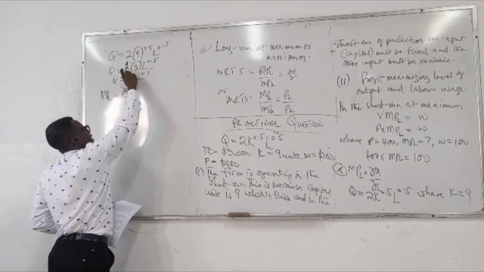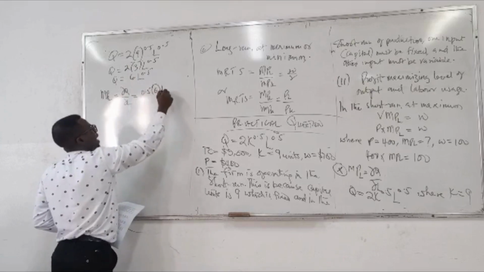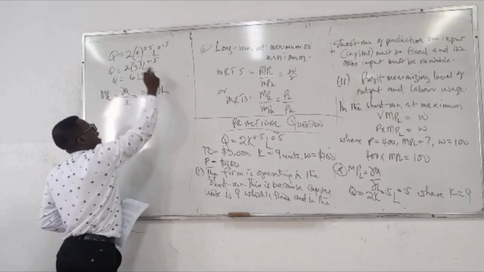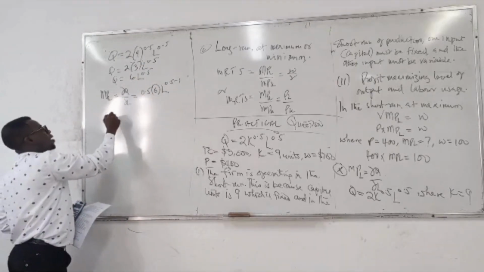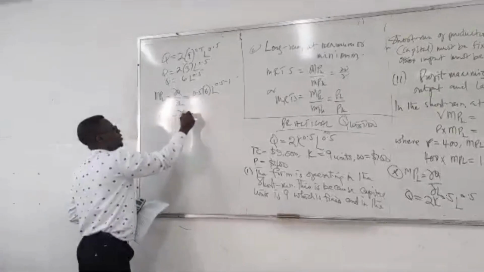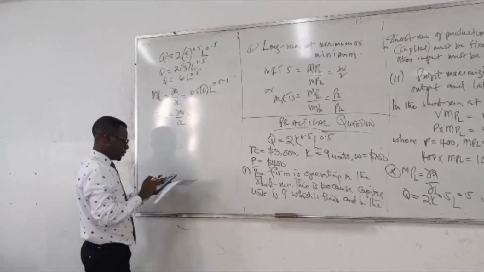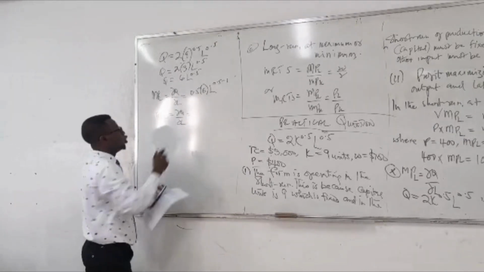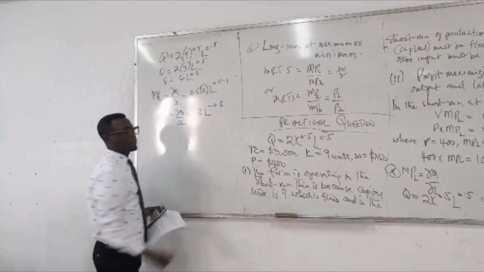So 0.5 times 6, then L, then we subtract 1 from the exponent, so 0.5 minus 1. Therefore, MPL equals dQ/dL equals 0.5 times 6, which gives us 3, and L^-0.5.